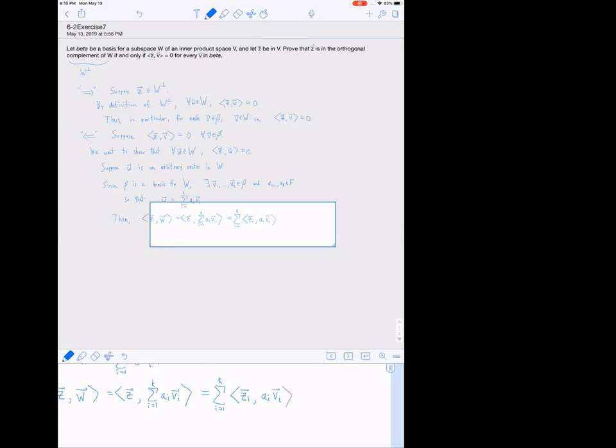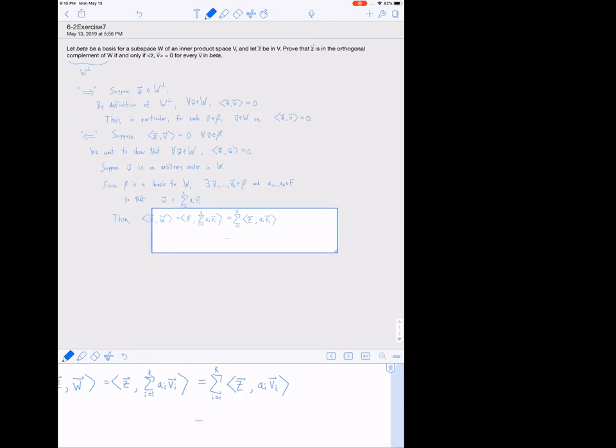All right, so that is the sum now of the inner products, of Z, just one Z, not Z sub I, of Z with AI VI, and then also by the sort of conjugate linearity, I can't pull out the AIs for free, but I can pull them out by putting a complex conjugate on them.